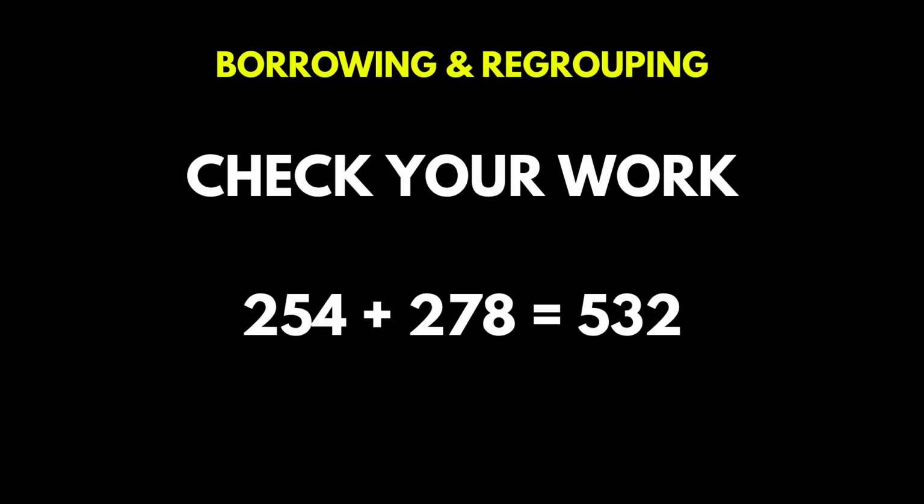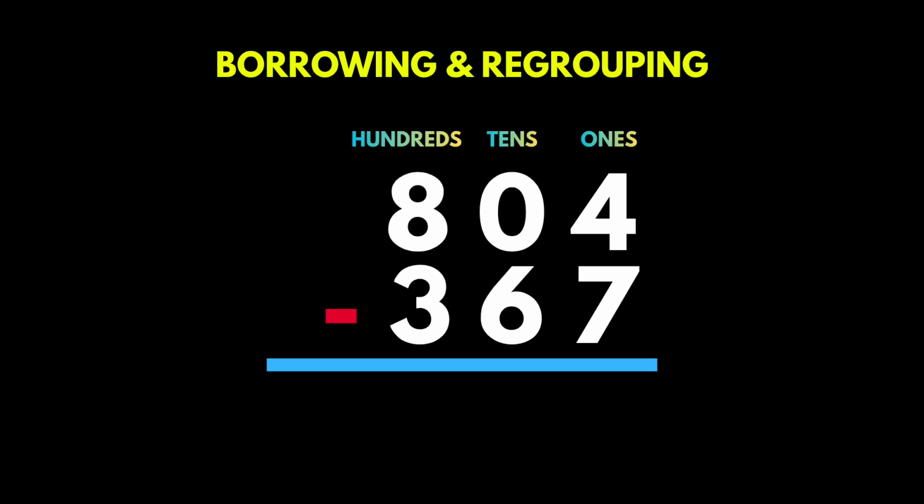Let's run one more example so borrowing feels automatic. 804 minus 367. Let's go to the ones column. 4 minus 7, need to borrow, but the tens digit is 0. When the next column is 0, we have to go one more column over.